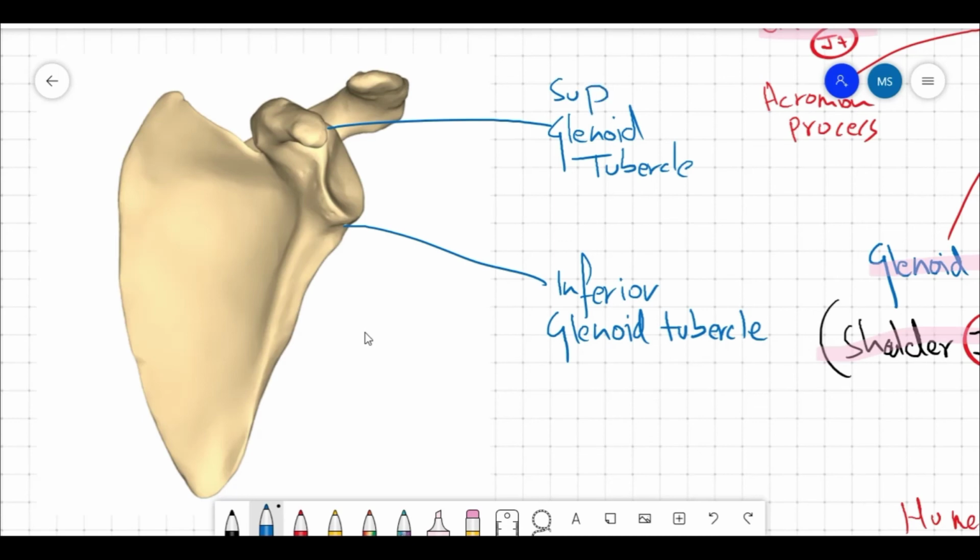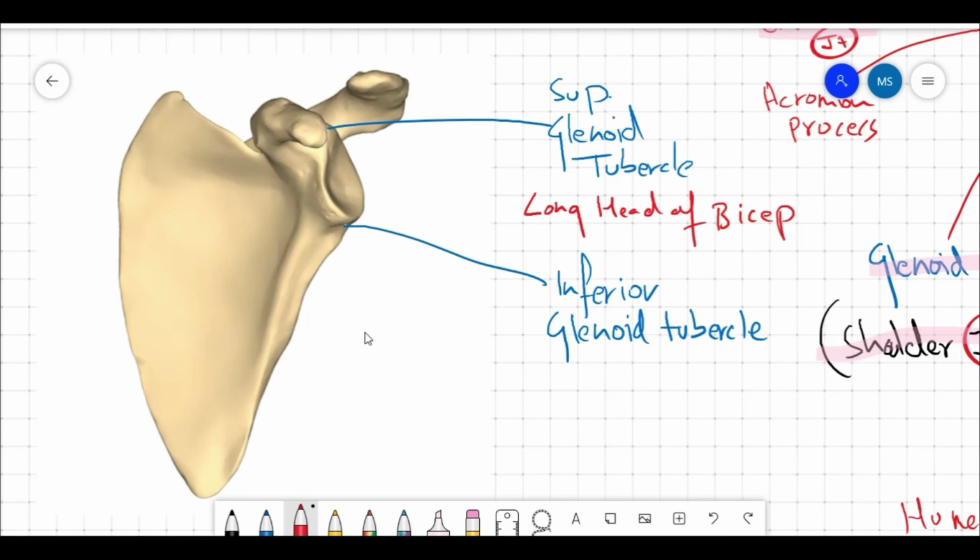These two tubercles have some importance. At the superior glenoid tubercle, the long head of the biceps is inserted.